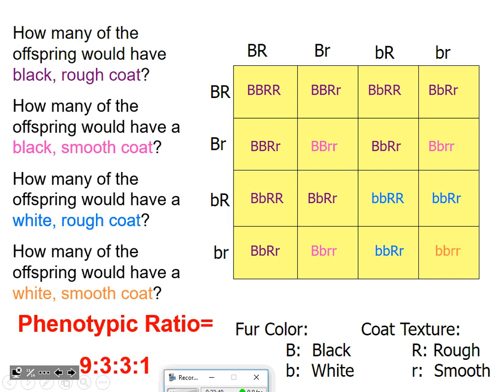Or you could say 9/16 were black rough, 3/16 were black smooth, 3/16 were white rough, and 1/16 was white smooth. Right? Do you see how we did that? That's how this is the toughest one. Using all heterozygous is the toughest of these dihybrid crosses to do.